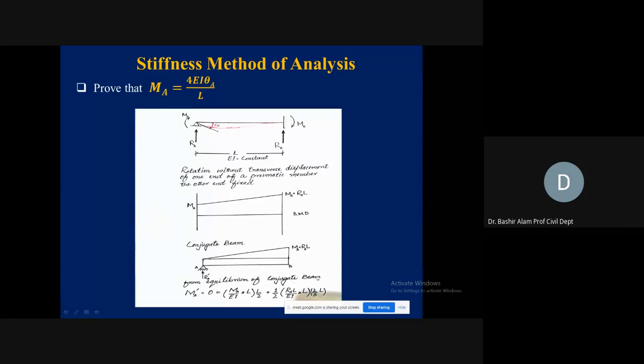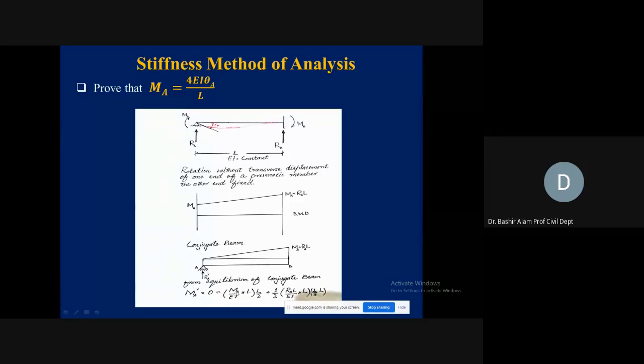So from the equilibrium equation of the conjugate beam, if we take moment about A equal to 0, which is MA prime equal to 0. Why 0? Because it is a hinge support. So first we take this rectangle, which has a magnitude of MA over EI from here. So this will become MA over EI times L. This is the total equivalent point load, and it is acting at a distance of L by 2.